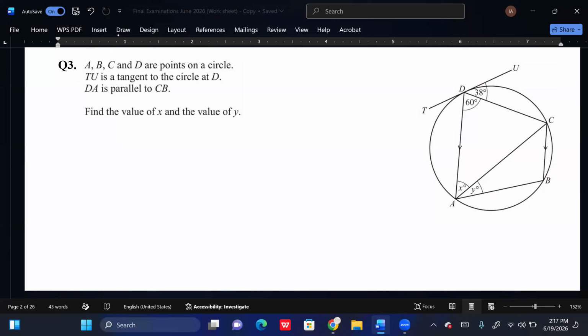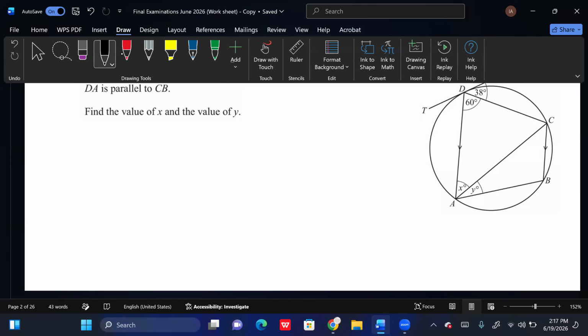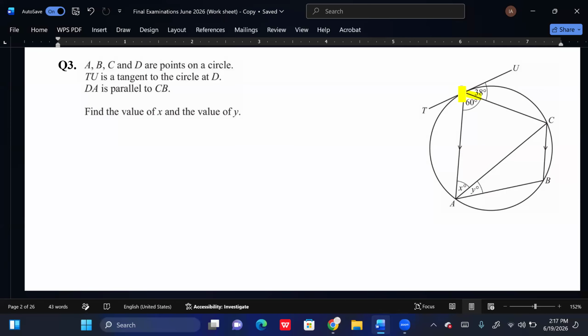If you observe very carefully, yes, this triangle, and there is a tangent TU.